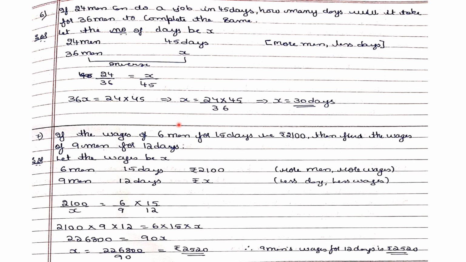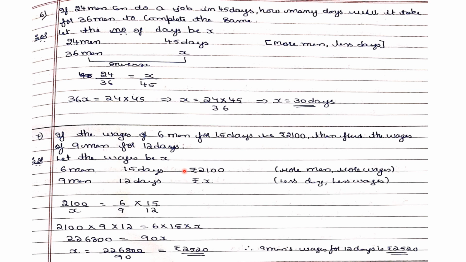If the wages of 6 men for 15 days is 2100, so 6 men, 15 days, you require 2100 rupees. In the same way, find the wages for 9 men within 12 days. What is the amount? Here you should be quite careful. You have 6 men, you have 15 days, so you have to compare men and rupees.